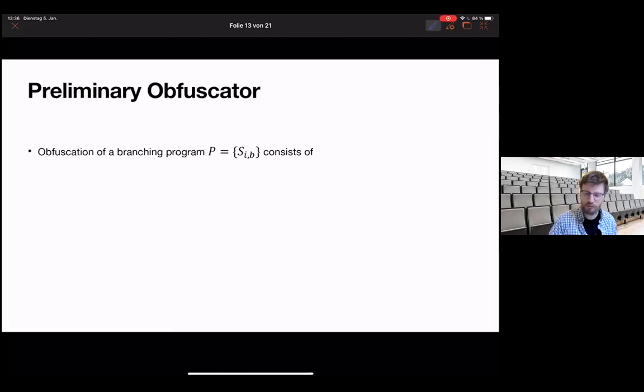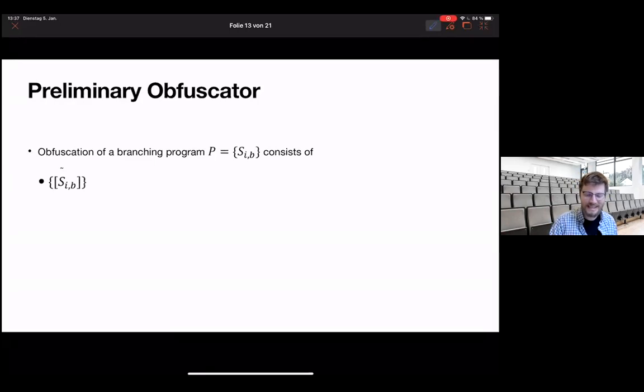So given such a program, how do we do this preliminary obfuscation? For this slide, since it's just the preliminary obfuscator, I'm leaving away the levels of the multilinear map. I've talked about the levels a bit earlier, but we're going into this in the second part, or in the second challenge.